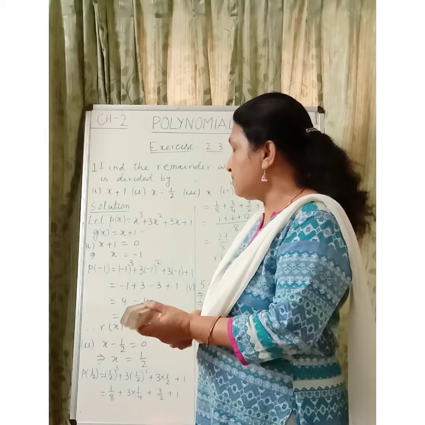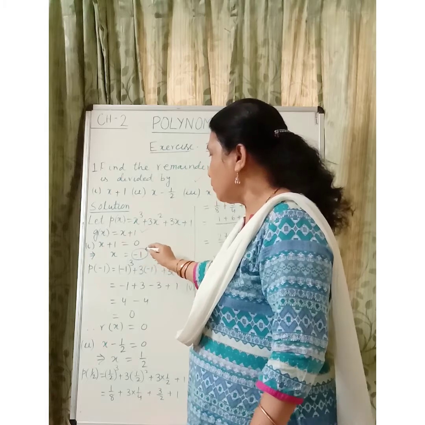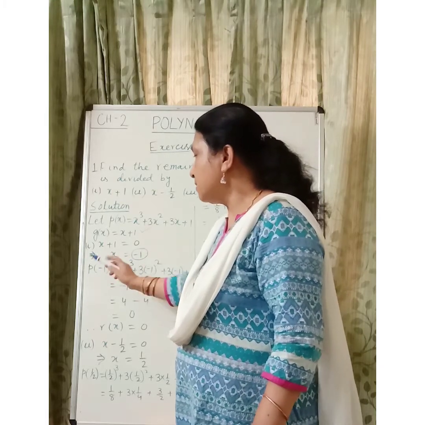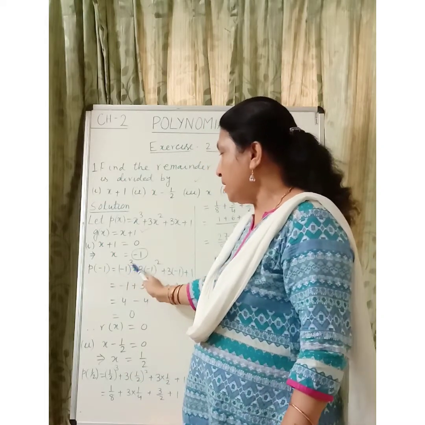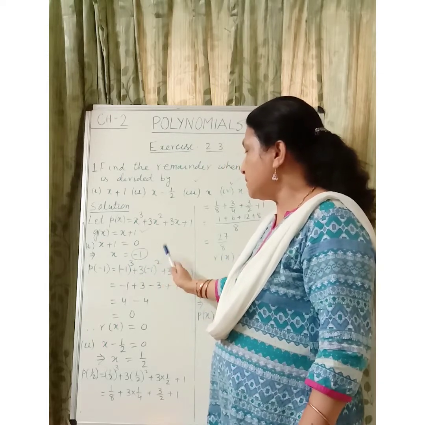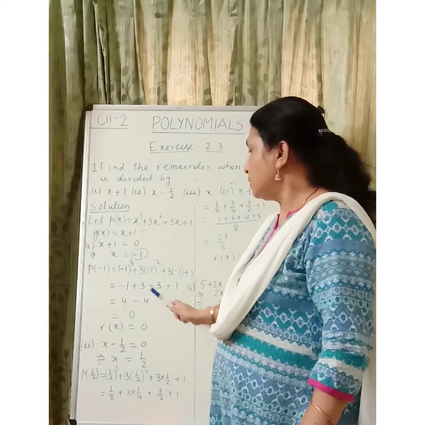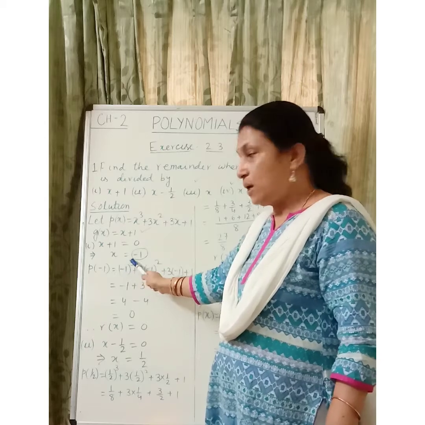And this x value of minus 1, we will be replacing in the polynomial. So, here we have replaced the value of x in the polynomial. So, p of minus 1 will be minus 1 whole cube plus 3 into minus 1 square plus 3 into minus 1 plus 1, which is equal to, what is the value of minus 1 cube?